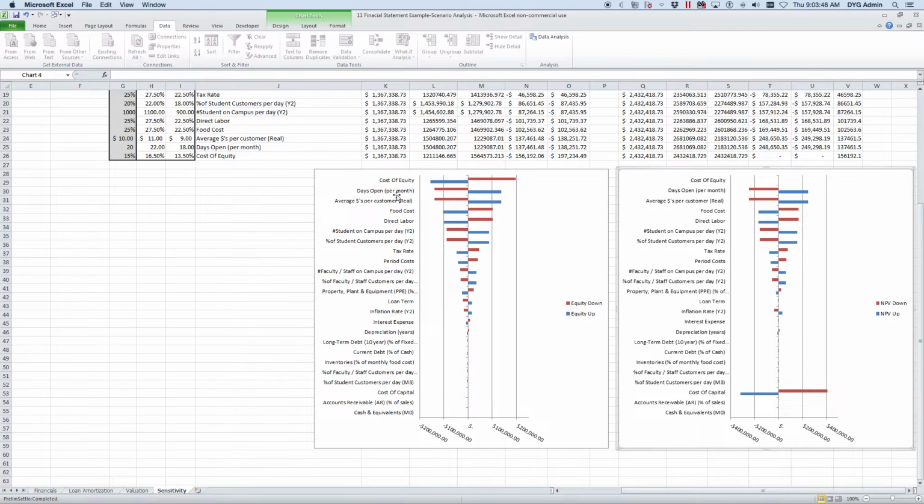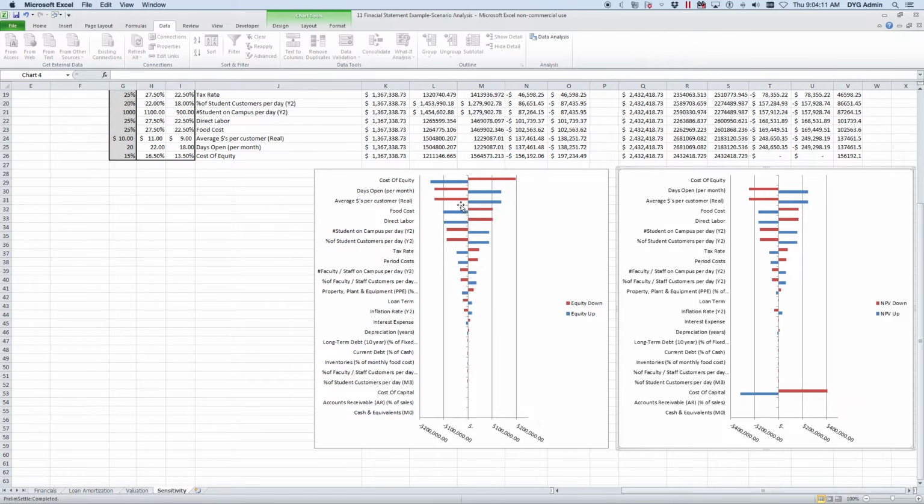Now, the second thing is shifting days open per month. Now we're looking at the upside of that. So shifting days open per month, sorry, down, so it's a red bar, lowers the value of equity. Shifting it up raises the value of equity.